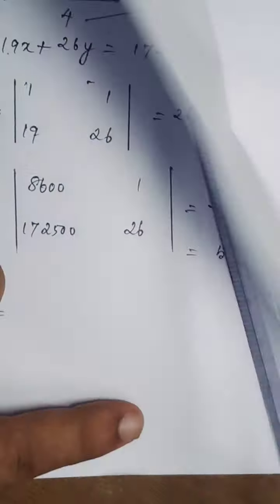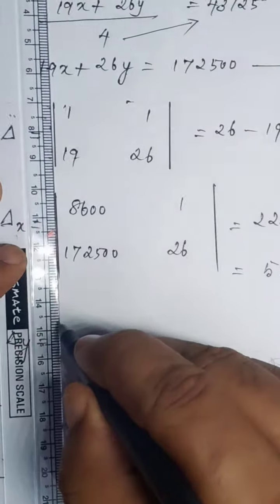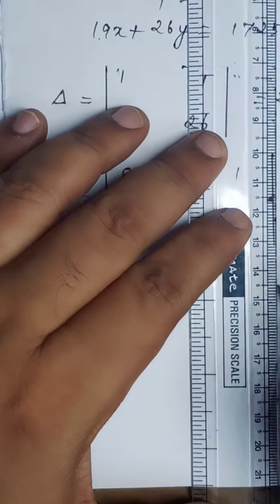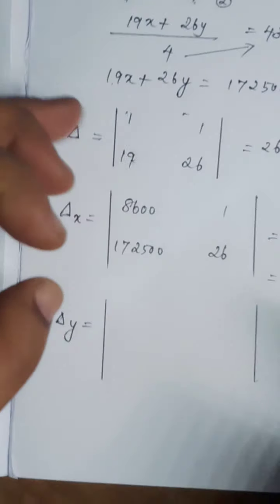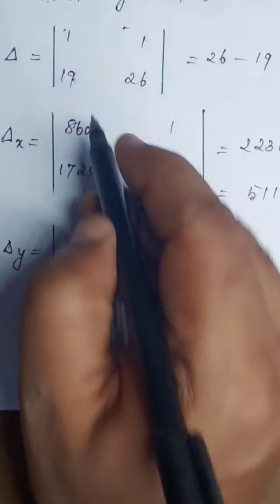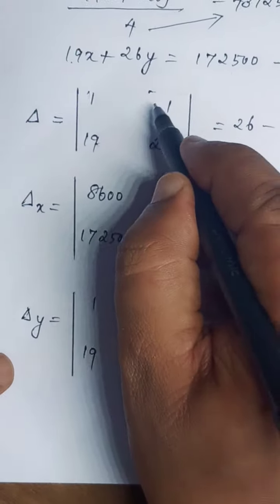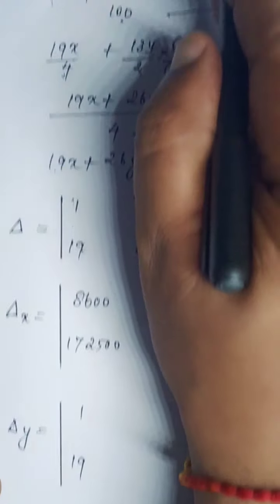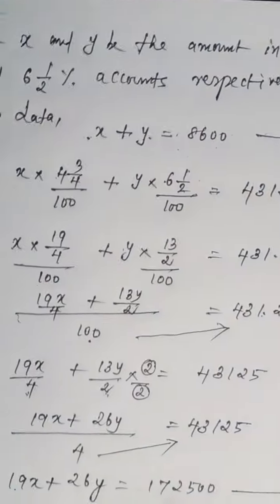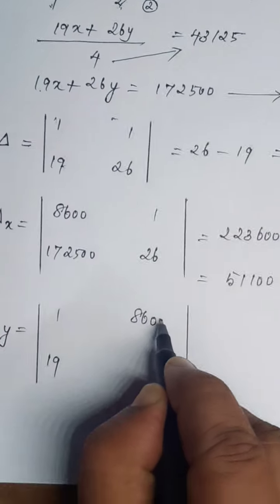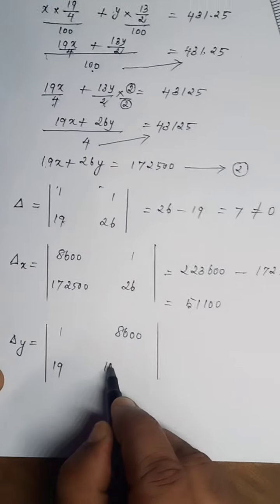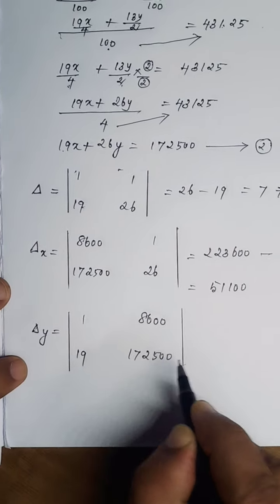Okay, now I'm going to find del y. Del y, that is also a 2 by 2 minor. Now write the first column of delta as it is. The second column of delta should be replaced by the constants 8,600 and 1,72,500.